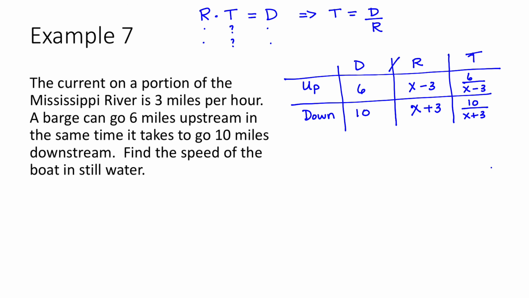And then I can set up my equation by just setting those two ratios equal to each other. So I have 6 over x minus 3 equals 10 over x plus 3. Cross multiply, and distribute.